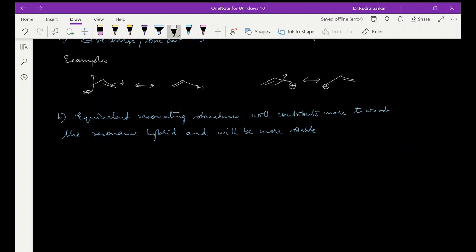Okay, what are the examples? Say we have been given the carboxylate ion. So if you look at the other resonating structure, then it is very similar to the first one, and both of these will be making an equal contribution towards the resonance hybrid, which will be having the following structure.